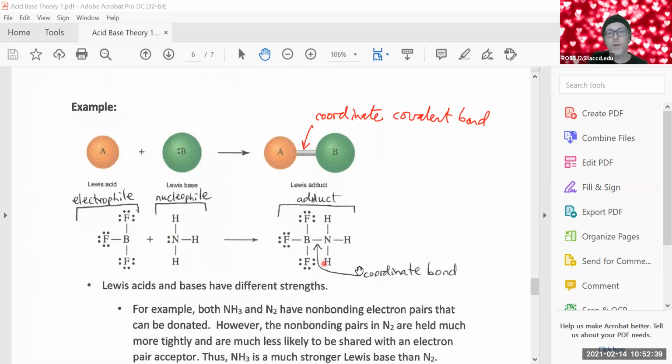So we form the coordinate bond, but remember that both electrons in the bond come from the same source, nitrogen. So we form our adduct, and we have our coordinate bond. Clearly the Bronsted-Lowry definition wouldn't apply here because we don't have any protons being donated or accepted anywhere.